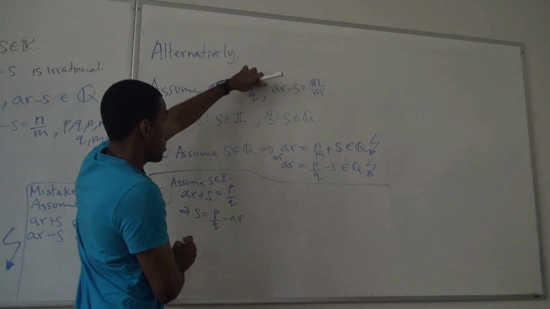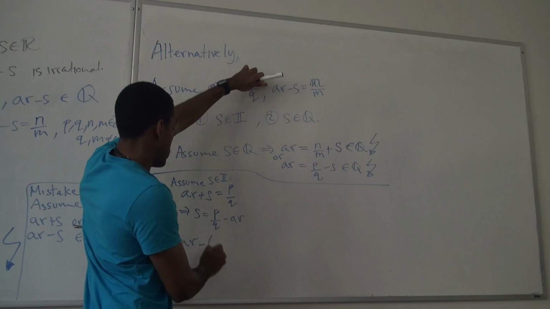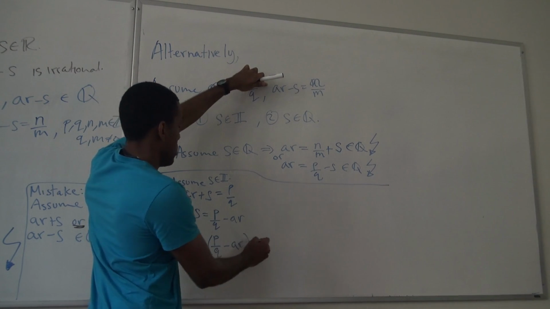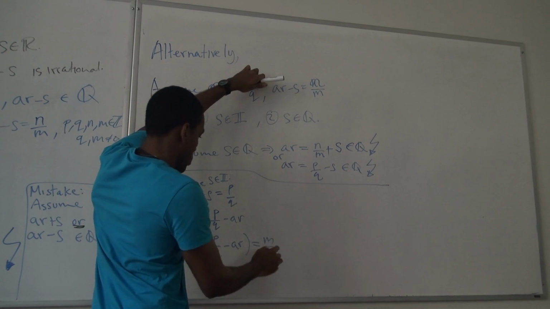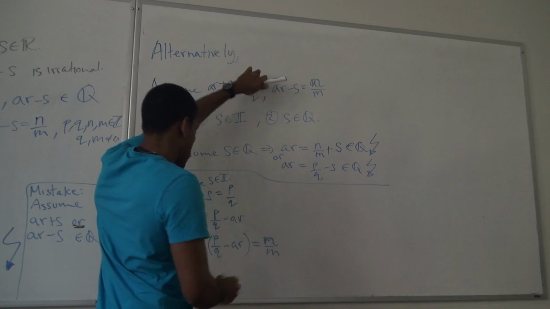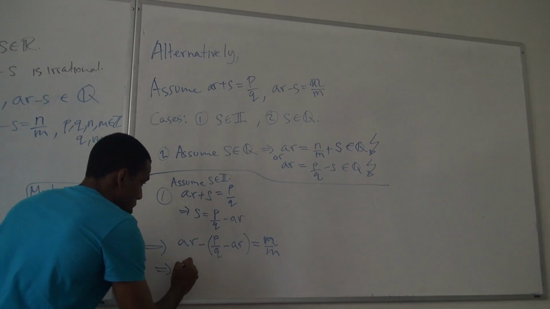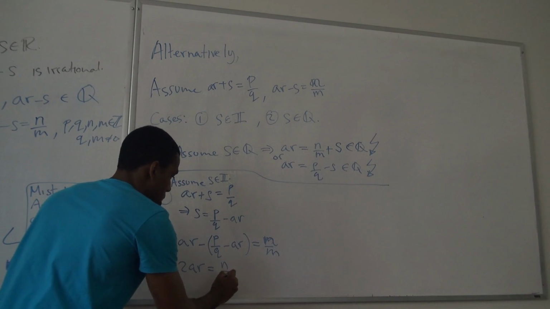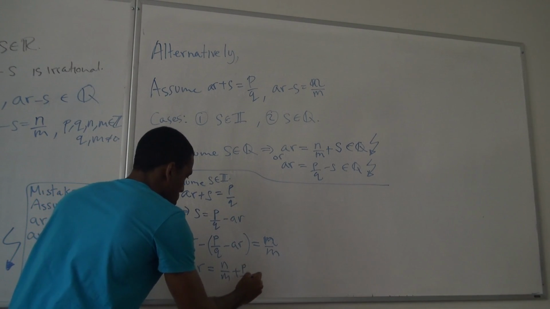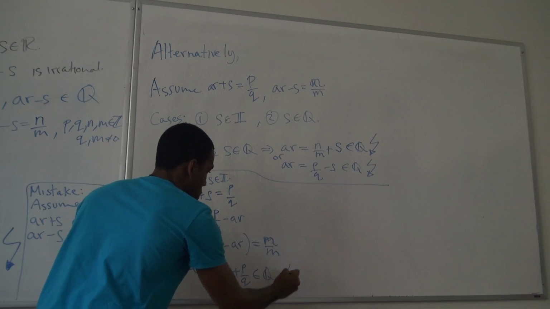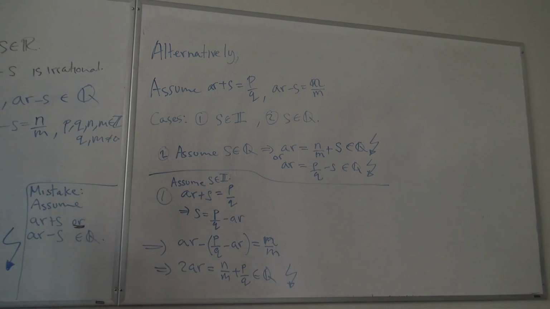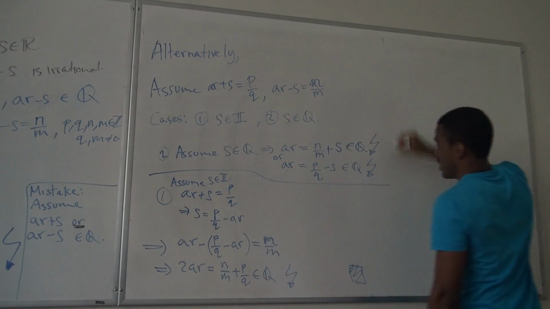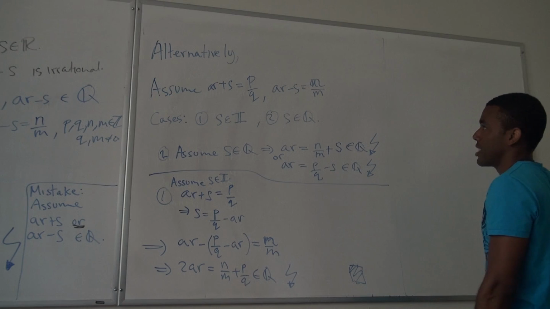So you have AR minus S, which would be P over Q minus AR, equals N over N. So what would happen here, this would be 2AR would end up being equal to N over N plus P over Q, which is rational, which leads to a contradiction. So that way could also work. Right, so if you had time to finish it, hopefully you would have something like that.